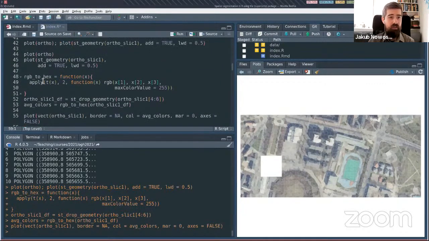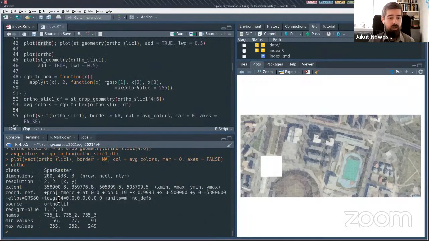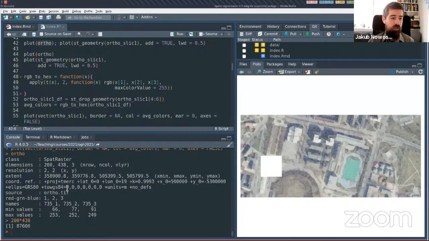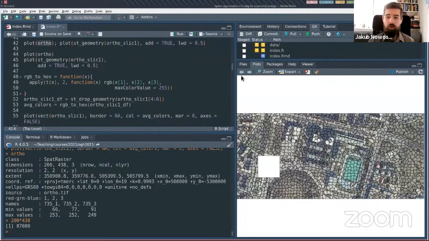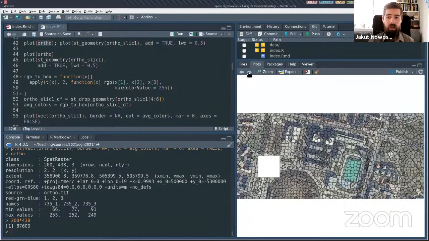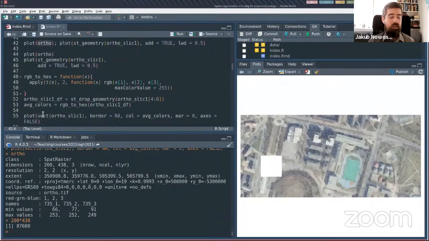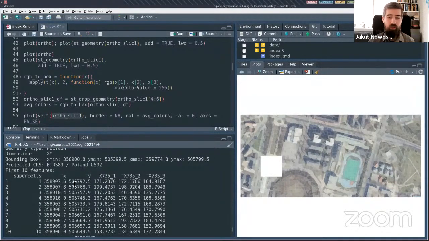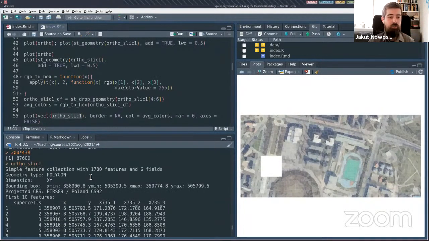And the difference is that our original image contained 200 rows and more than 400 columns. So our original image contained more than 87,000 cells, while our new image only contains as many objects as we have superpixels.